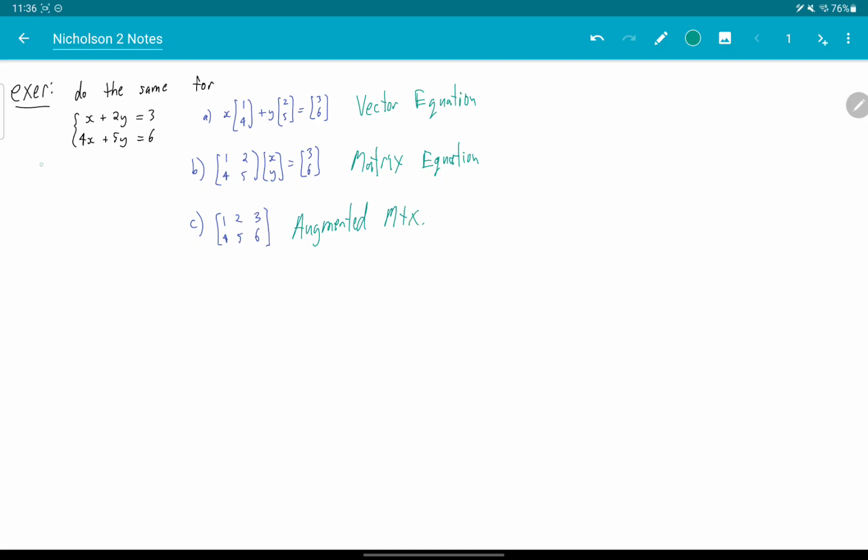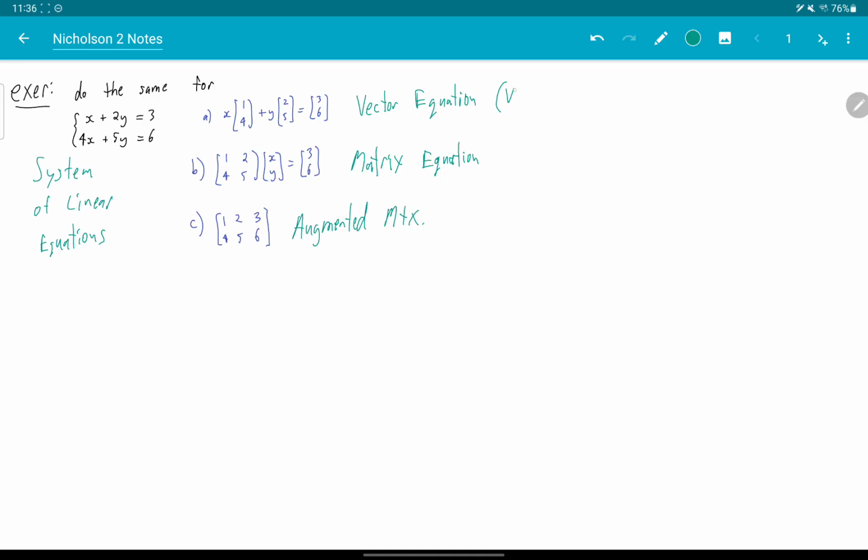And up here we have the system of linear equations. And these are four ways of talking about the same thing.